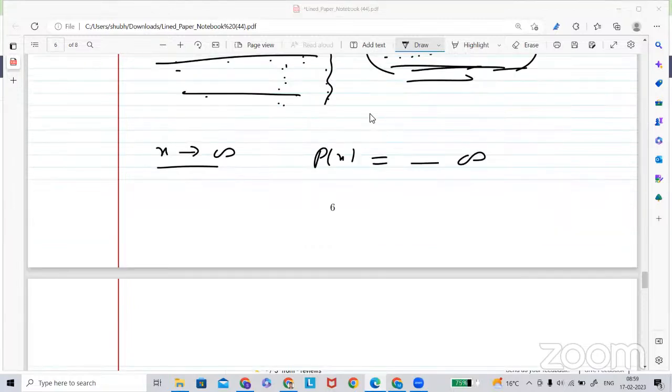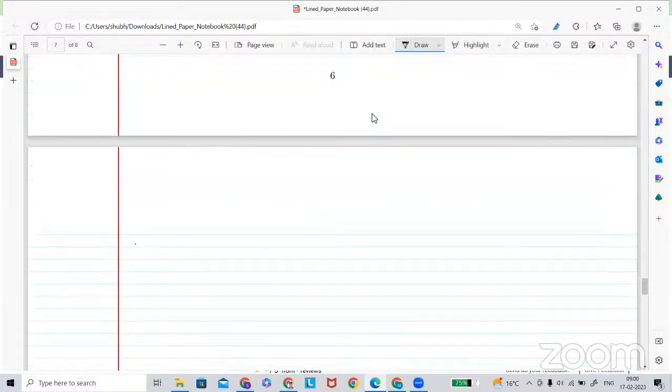So let me make the table here itself. Suppose this side is P(x), we have a polynomial, and here is even and here is odd.